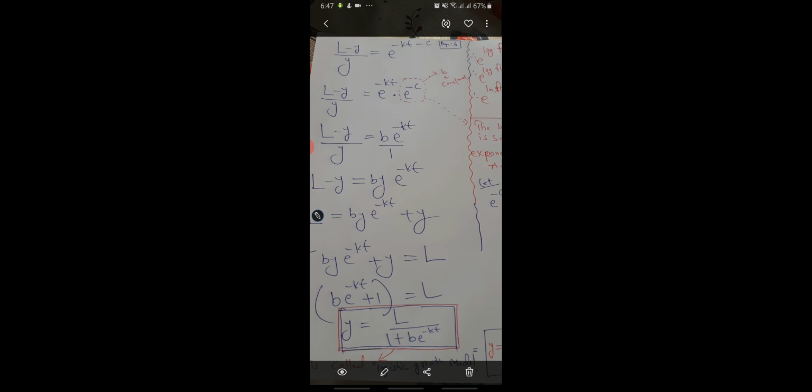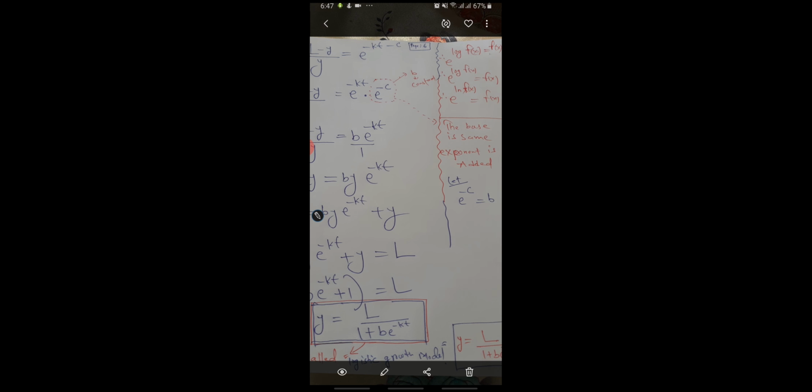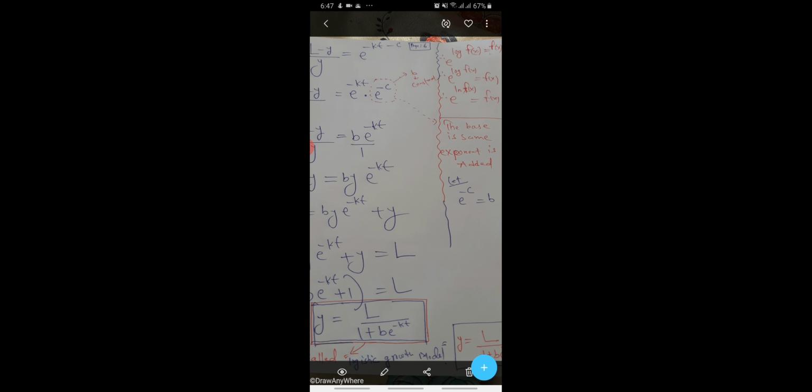So as you can see, this is L minus y by y, and I have written here e, and the power is minus Kt minus C. As we know in indices, when the base is the same, the powers are added. I just break this one.